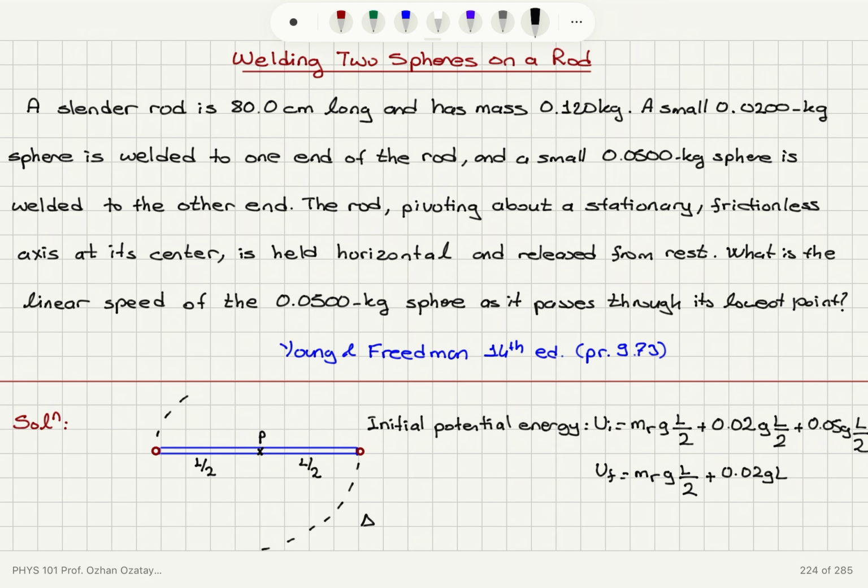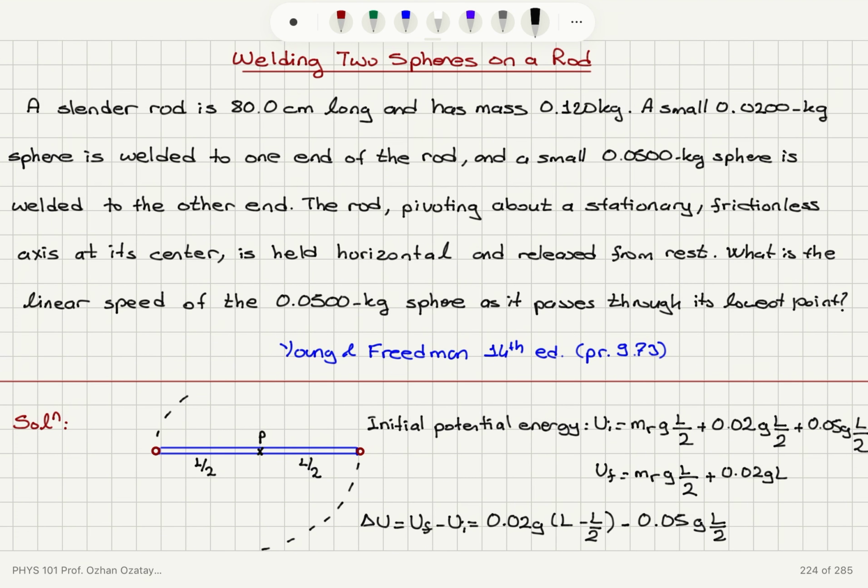So the change in the potential energy will be final potential energy minus initial potential energy: 0.02 g (L minus L/2) minus the initial potential energy of the 0.05 kilogram sphere, 0.05 g L/2.